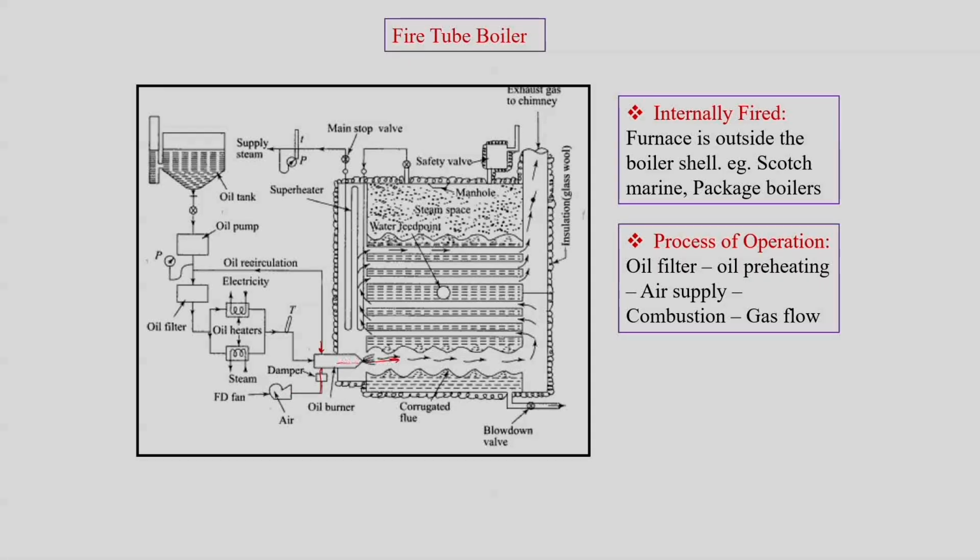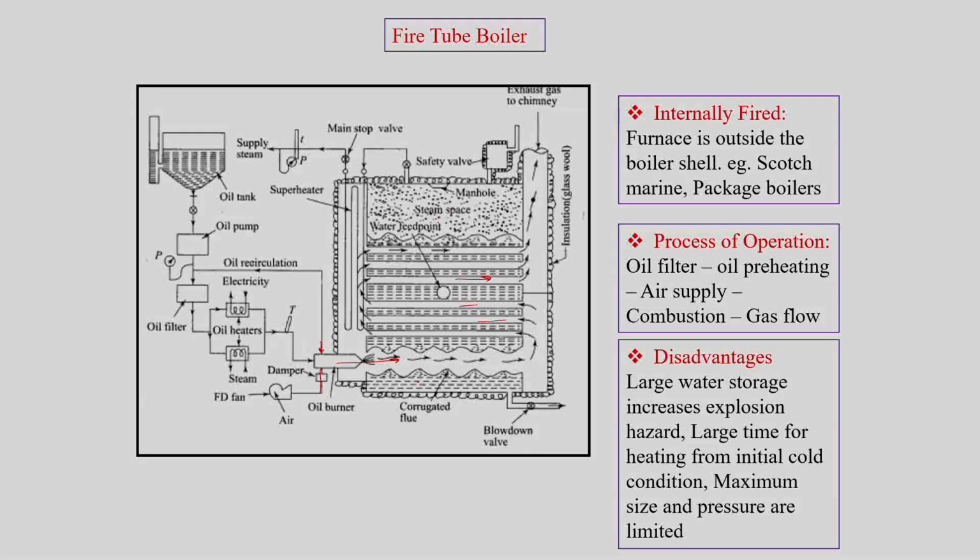Then the fuel air mixture comes into a corrugated passage where it gets burnt, and this burnt product will pass through the tubes in a zigzag manner, and in this phase it will heat the water which is surrounded by those tubes, and we can get steam of our required pressure and temperature. So, this is the concept of the internally fired fire tube boiler.